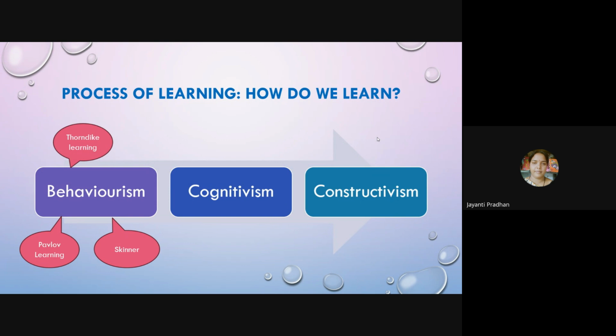We all know about Thorndike, who gave us the trial and error method. According to him, we must try again and again, so that at some time we may hit the right answer. So we must practice. He has given importance to practice.